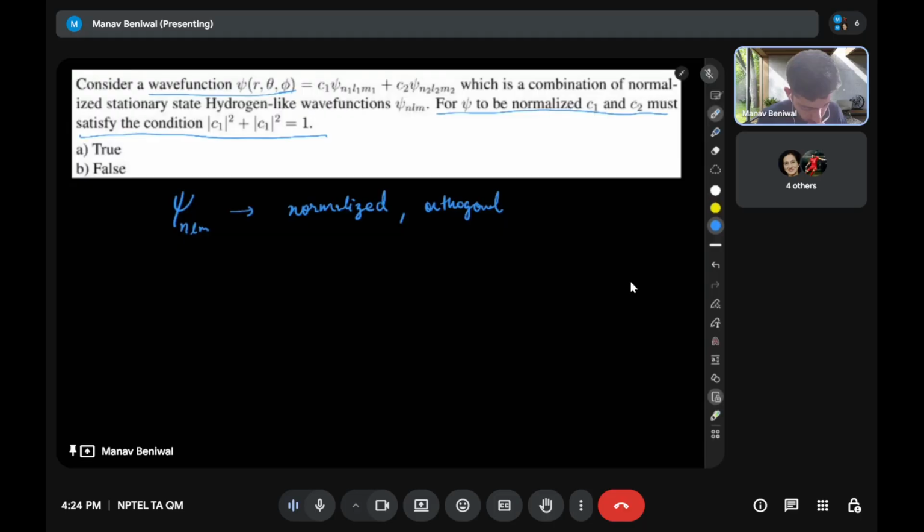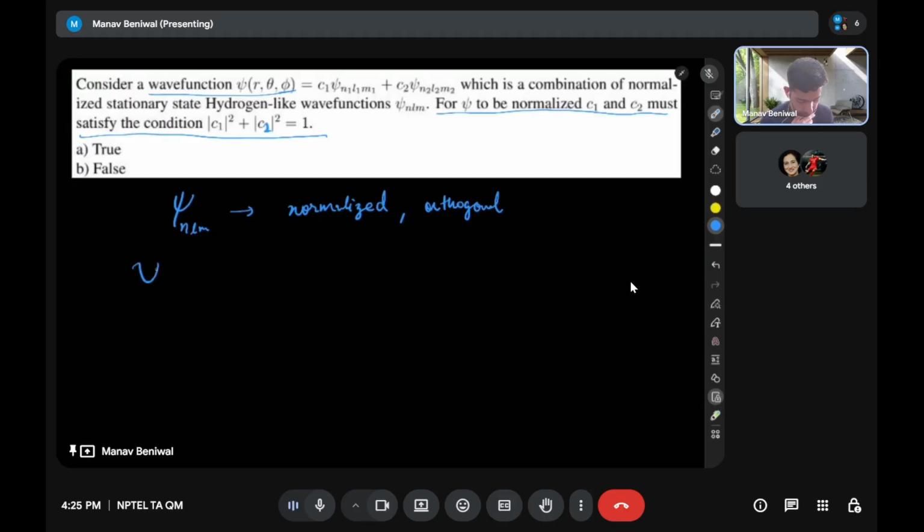I think this should be mod c2 square, right? So mod c1 square plus mod c2 square is equal to 1. So true or false? Okay, obviously we know it's true, but let's prove this thing.